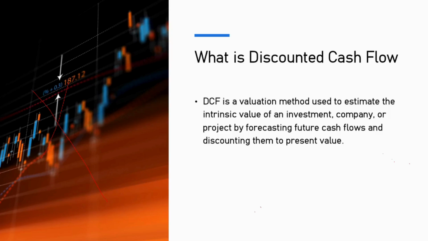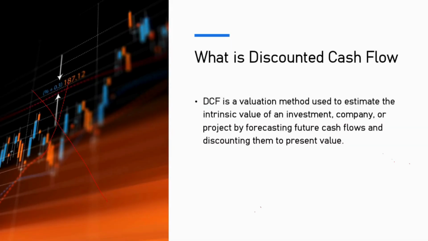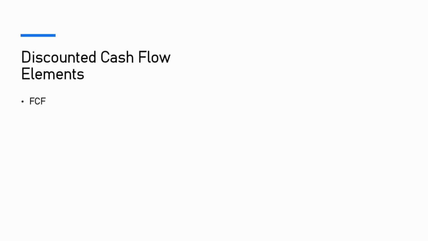Free cash flow is an element of the discounted cash flow. Let's see the discounted cash flow elements which we require in this video. In basic terms we talk about the free cash flow and other elements which we are taking from online to discuss the discounted cash flow.